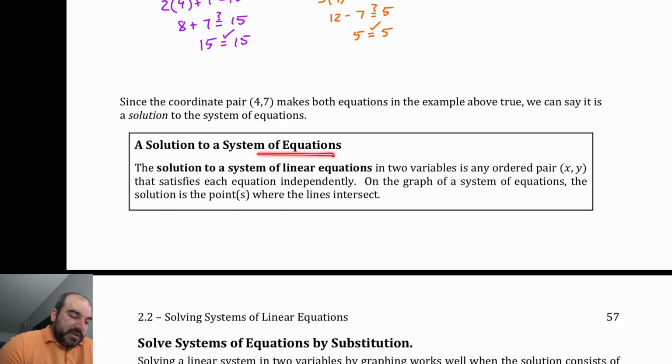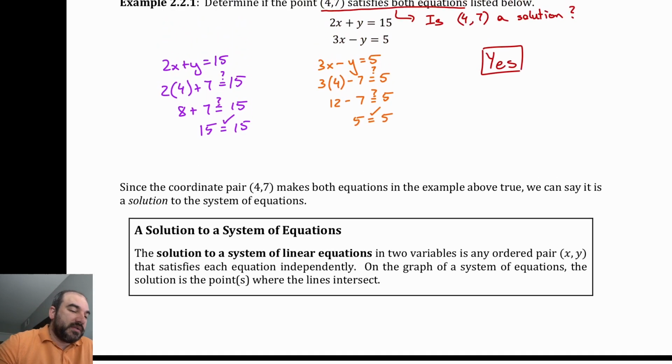A solution to a system of equations is any ordered pair, like the (4, 7) that we looked at, that satisfies each equation independently. So if it satisfies both, then it is a solution. If it fails to satisfy one of them, then it's not a solution.